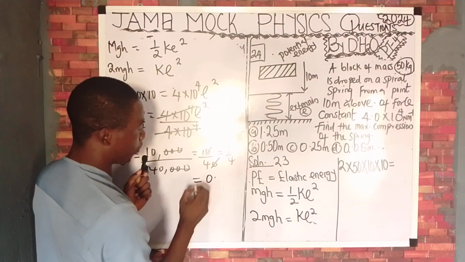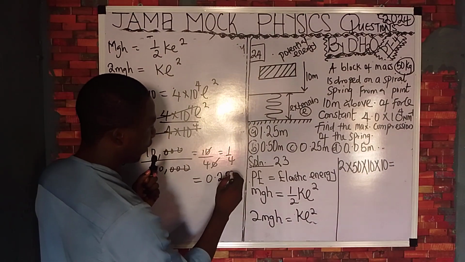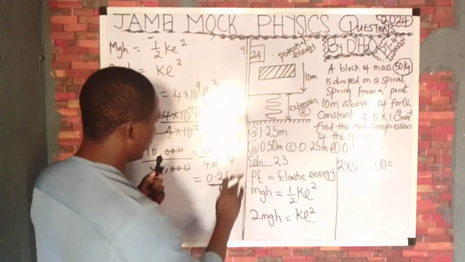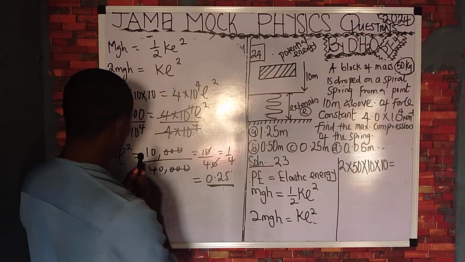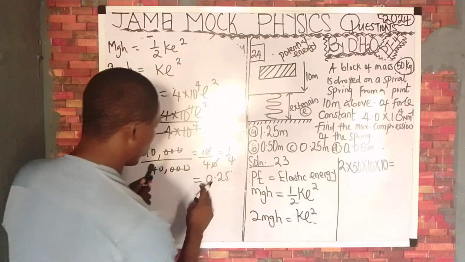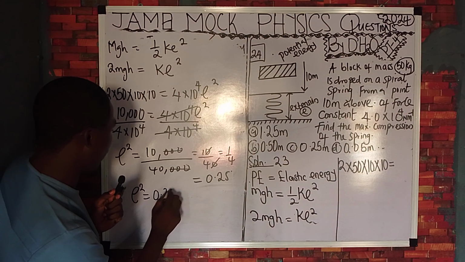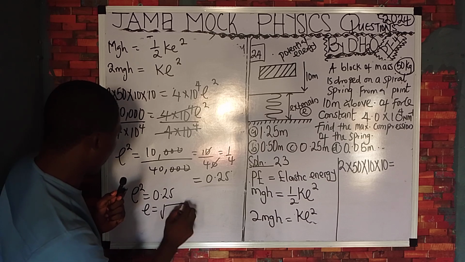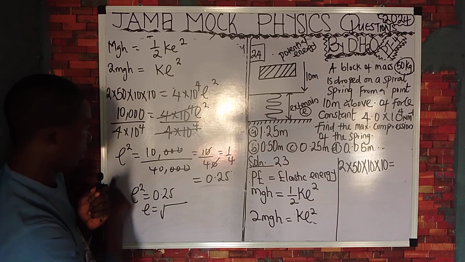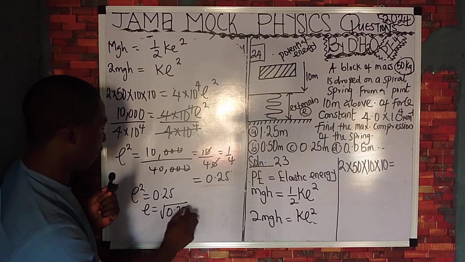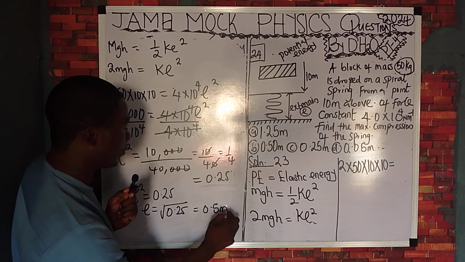And that will give us 0.25. We are looking for the extension. So e squared is 0.25. So e will be the square root. Remember, you have e squared here, not e. The square root of 0.25 will give us 0.5 meter.